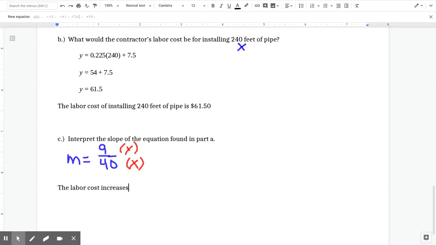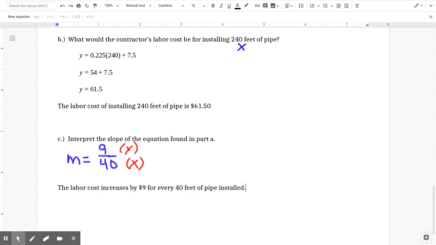The labor cost increases by $9 for every 40 feet of pipe installed. Now that is a little atypical, to use two different values like that.